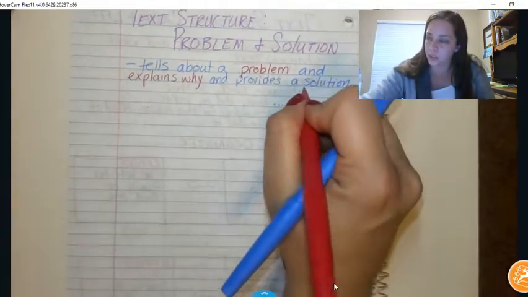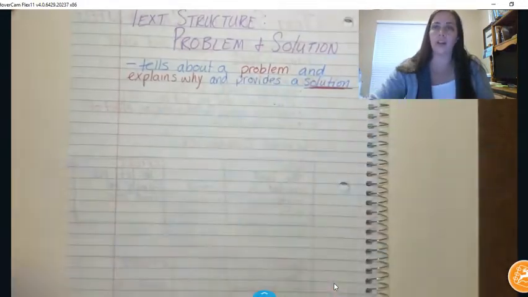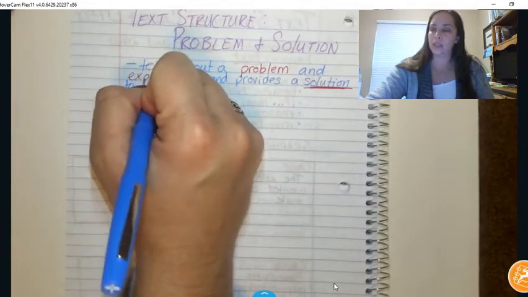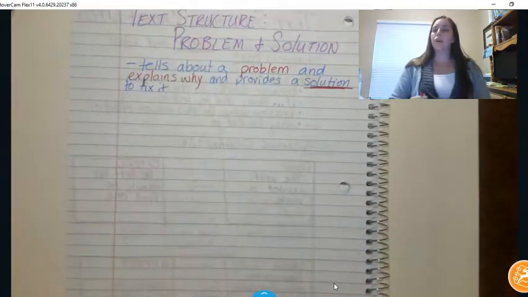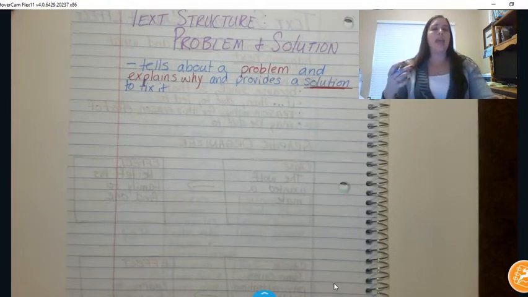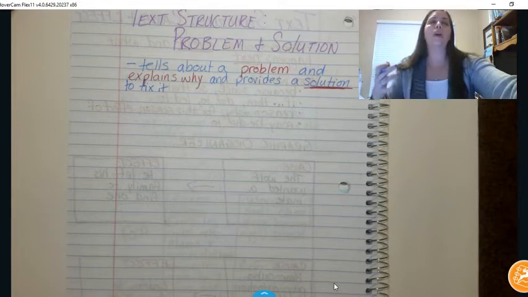Oops, we should have done solution in red. So I'm just going to underline that so remember it's important. Solution to fix it. So you have that problem in the story. The problem will be explained, and then they will then tell you at least one way that they have fixed that problem.